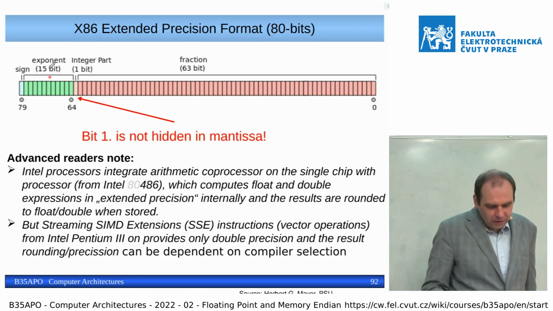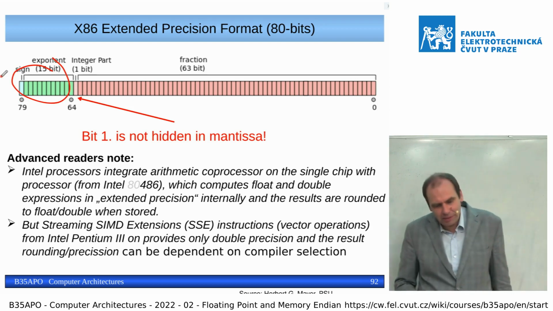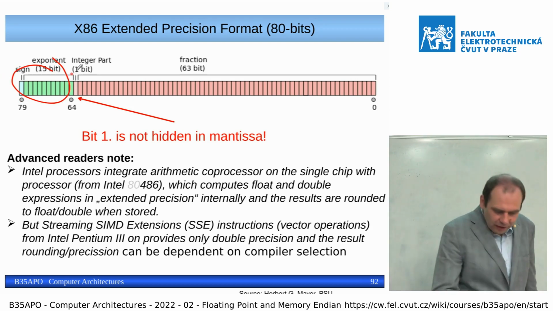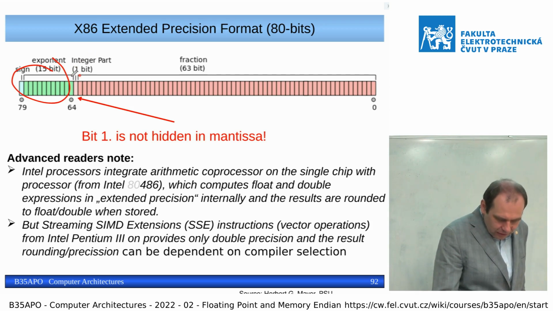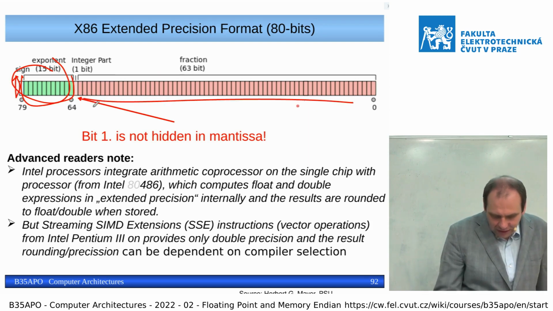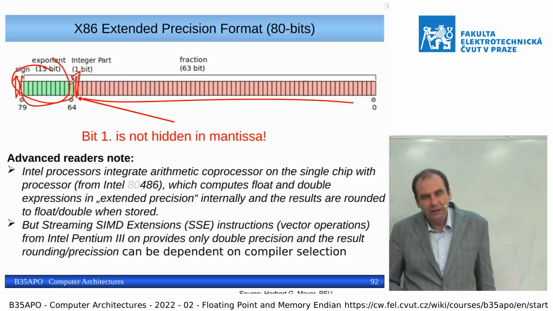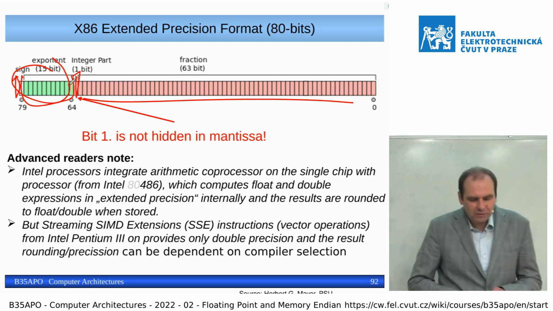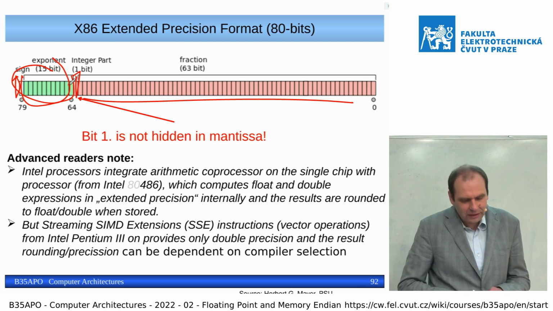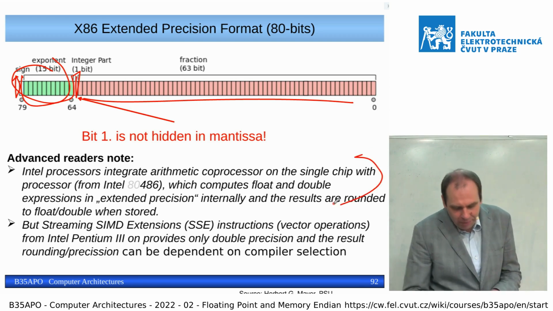And Intel even provides an additional format which is 80-bit, which is non-standard, which has a 15-bit exponent, 1-bit sign, and the mantissa, which in this case holds a hidden 1. So this is a special format which is used internally in the Intel floating point units for the computation, and it is more precise.